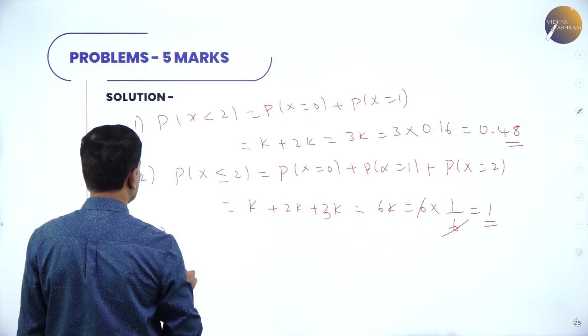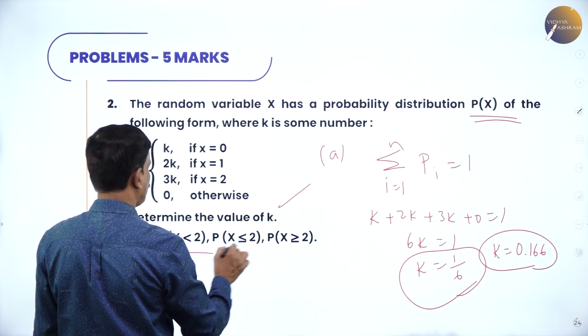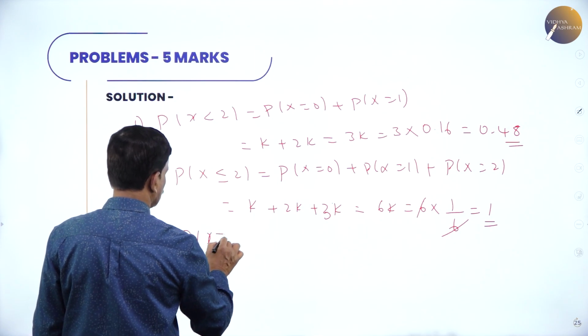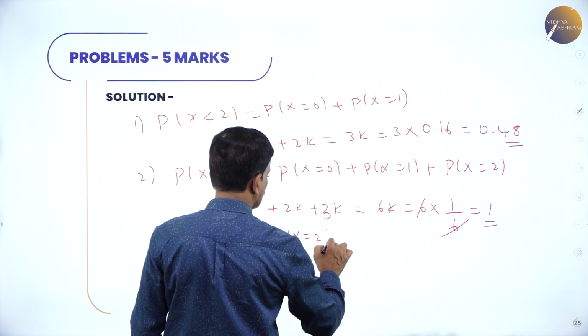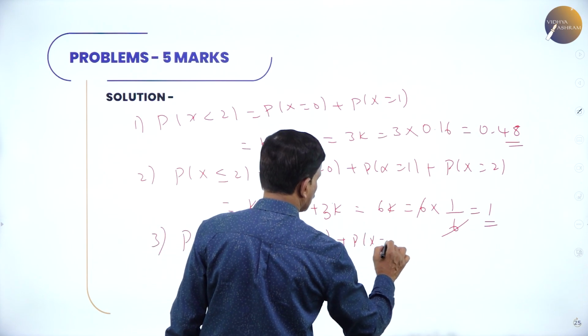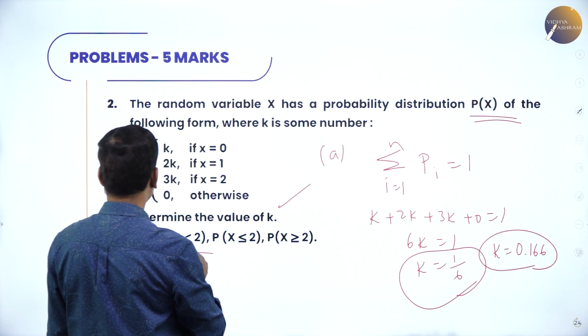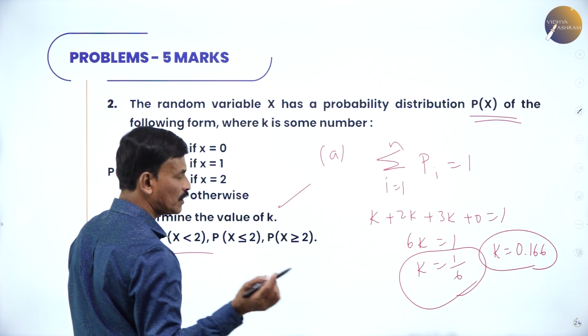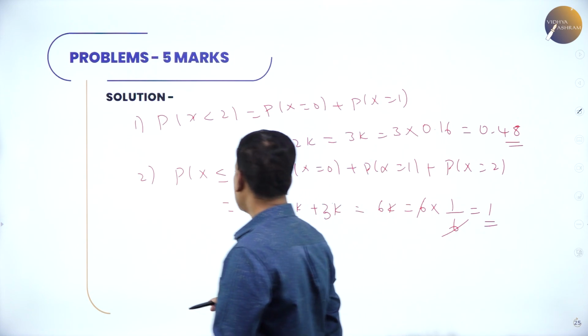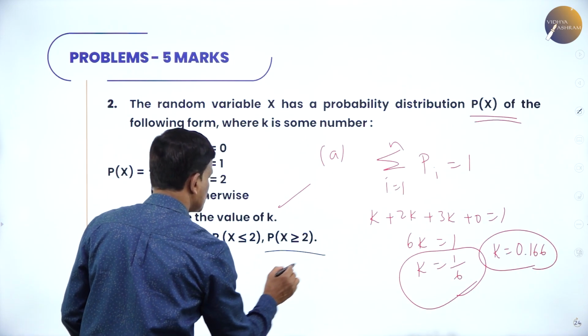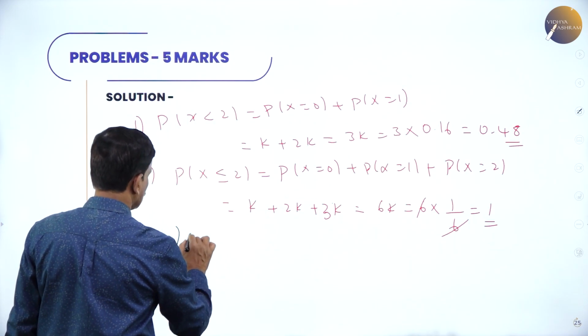Next, the third one. Probability of x greater than or equal to 2. Greater than or equal to 2 means x is equal to 2, and x equal to 3 would also count, but we don't have 3, so we can take only probability of x equal to 2.